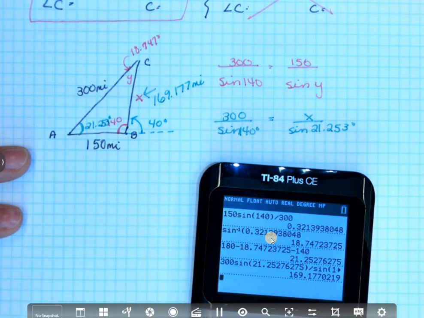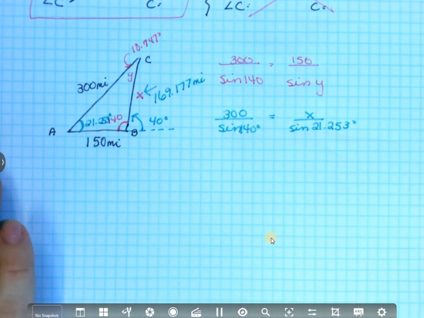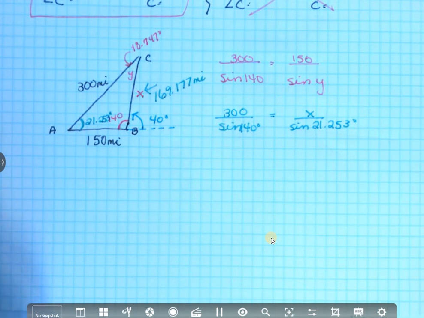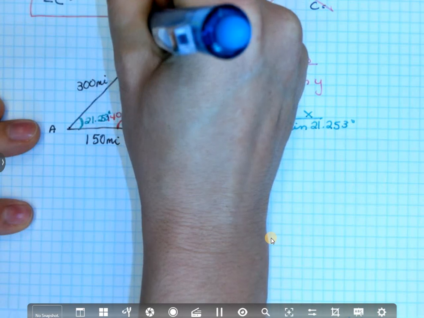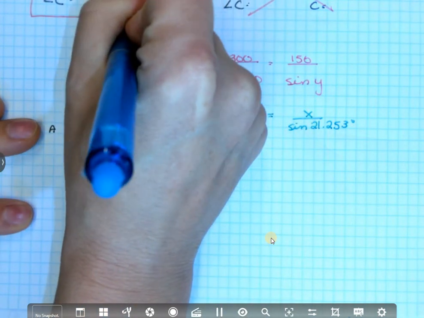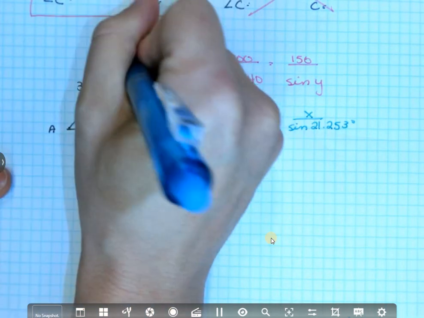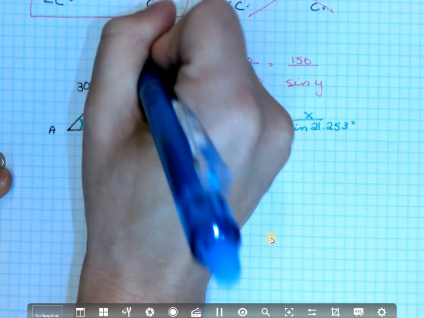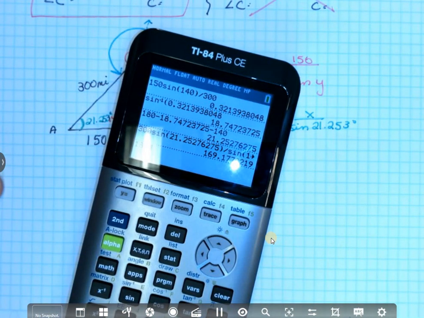Okay? And then it says, for part B, through what angle should the pilot turn at city C to return to city A? Well, that means I'm flying along this way. What do I have to turn to get to A? And if this piece in here is the 18.747, what are you going to do? Subtract it from 180. So I would say 180. And again, I'm going to be lazy.